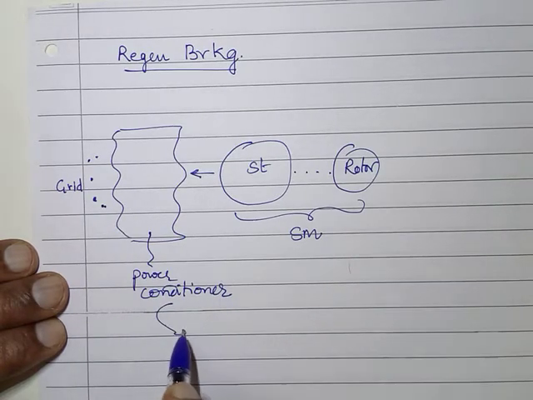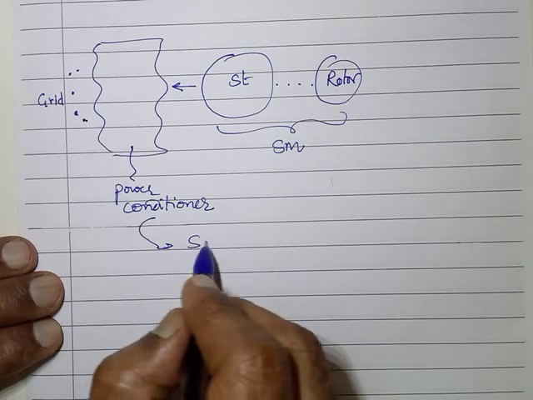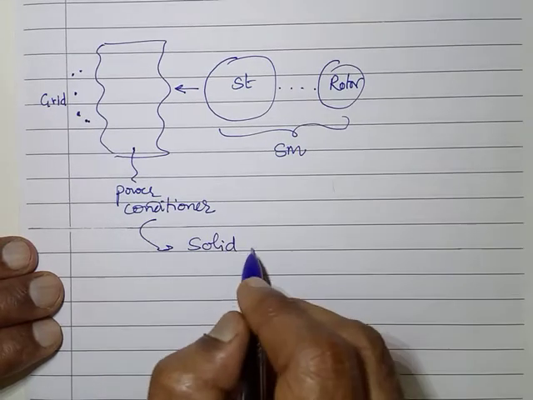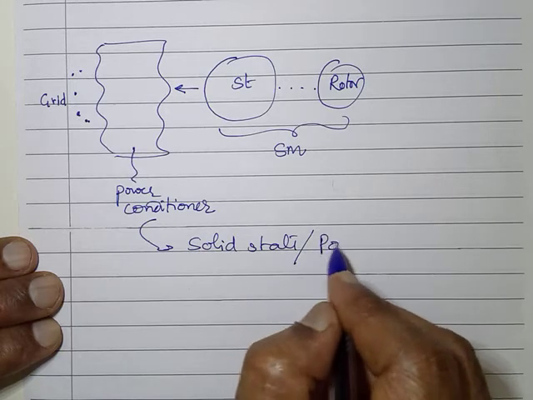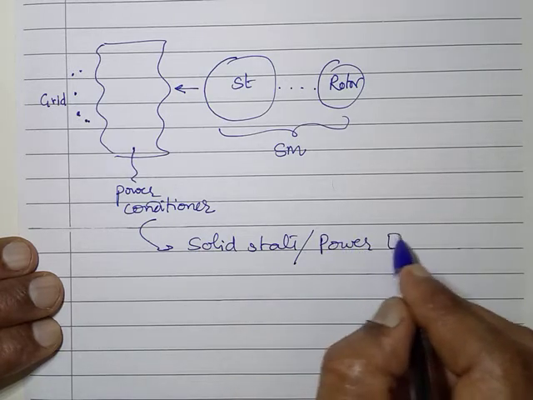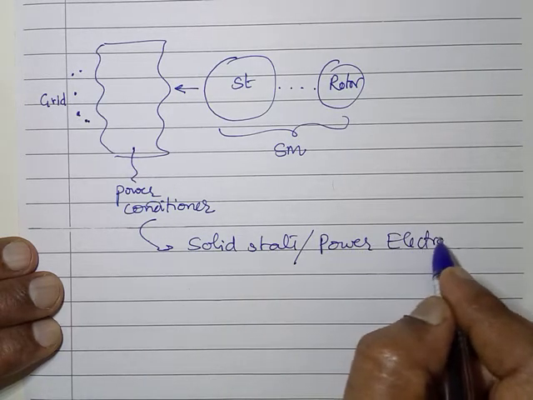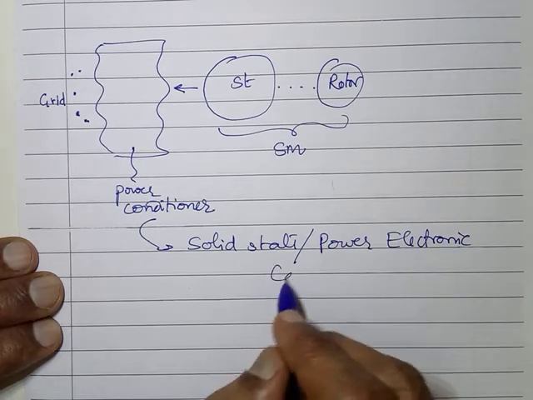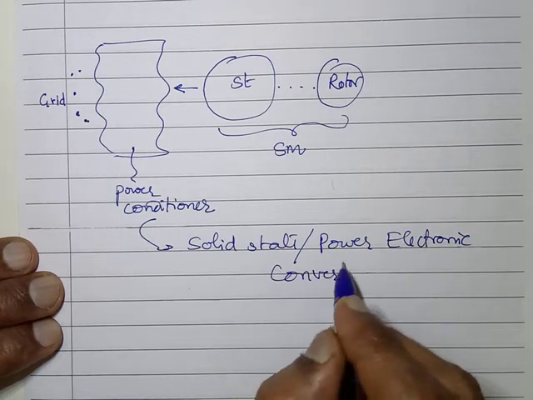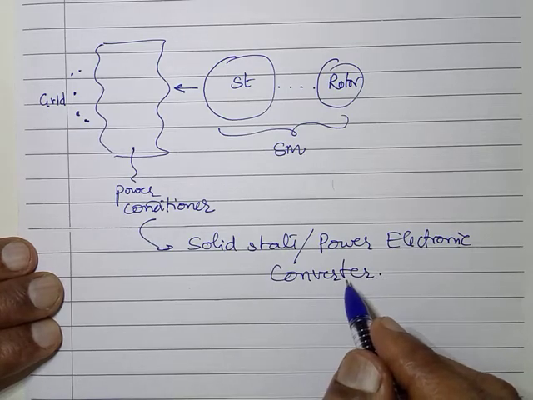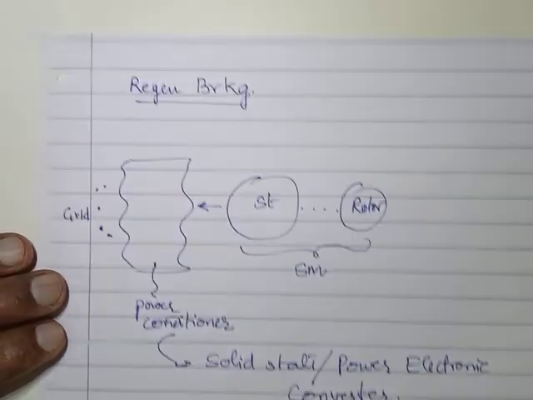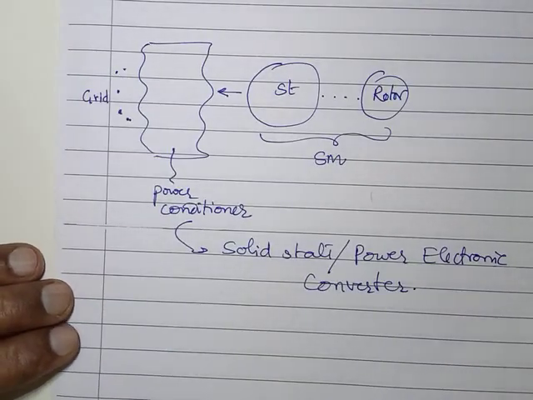So it has to be a solid state converter, nothing but a power electronic converter, maybe using power transistors or the SCRs. Is it okay? Okay, we will stop there. Next class we will continue.